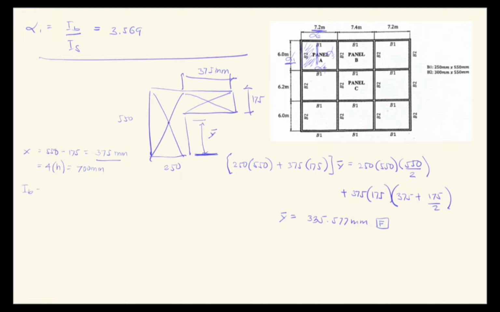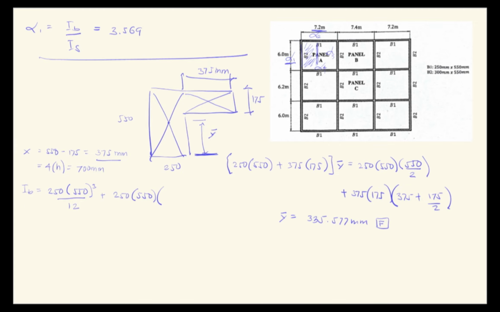So IB is equal to 250 by 550 cube divided by 12 plus the area 250 by 550 multiplied by the distance from the centroid of the whole cross section to the centroid of the section being considered.